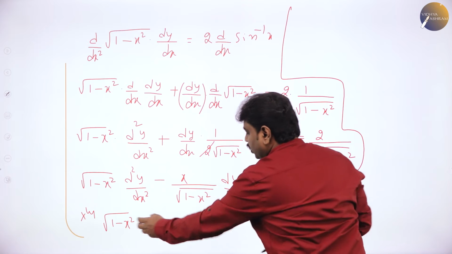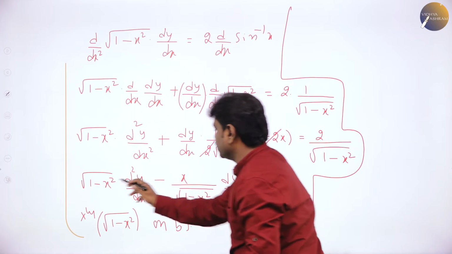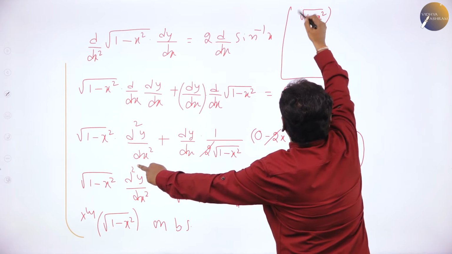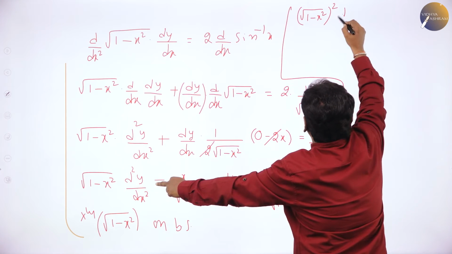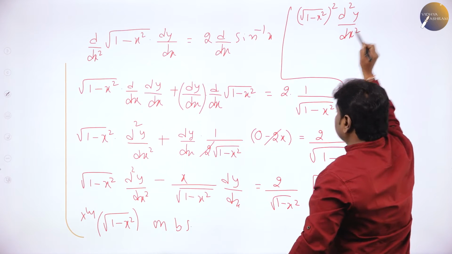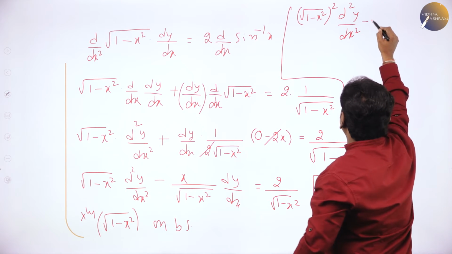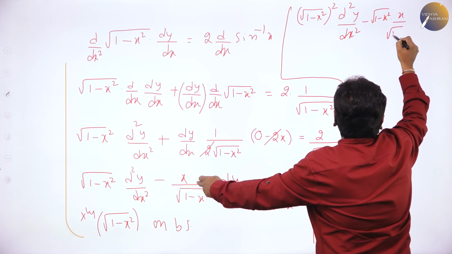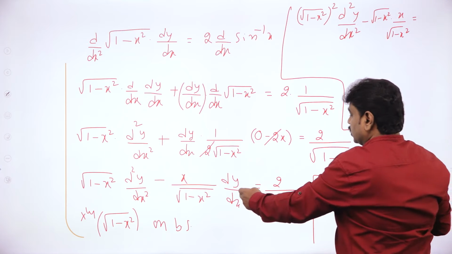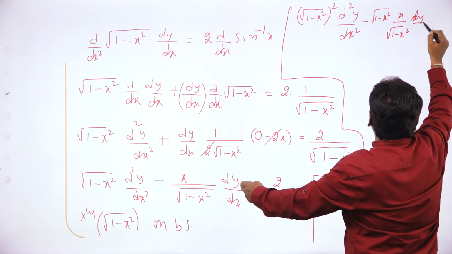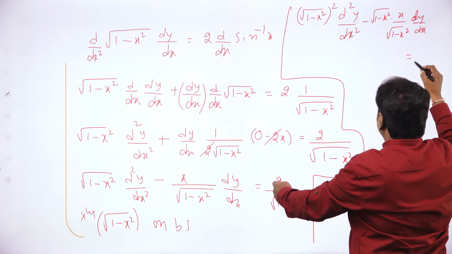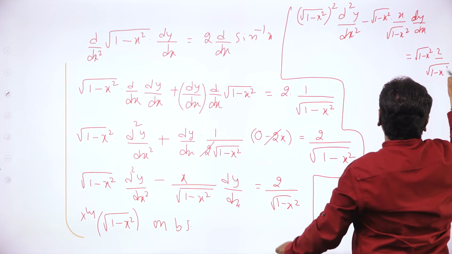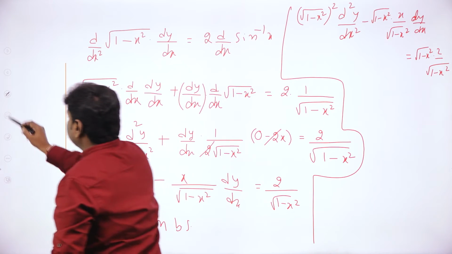So first term becomes root of 1 minus x square into root of 1 minus x square is root of 1 minus x square whole square into d square y by dx square, and we have minus, and root of 1 minus x square into remaining part. What is that? X divided by root of 1 minus x square into dy by dx is equal to, I'll write it here, that is root of 1 minus x square into 2 by root of 1 minus x square. Now you can simplify this.